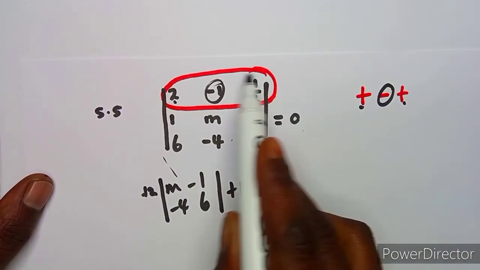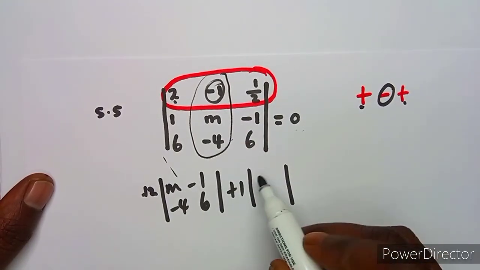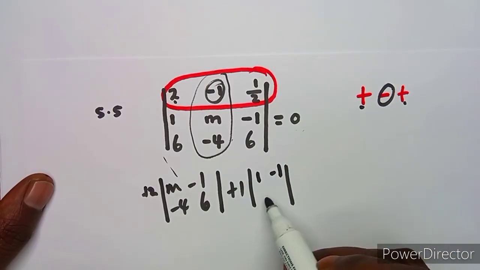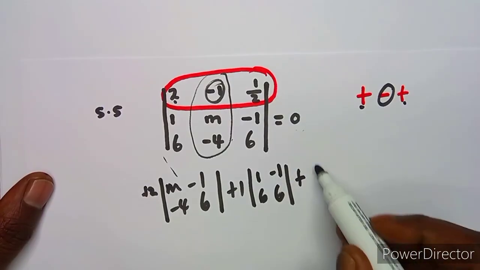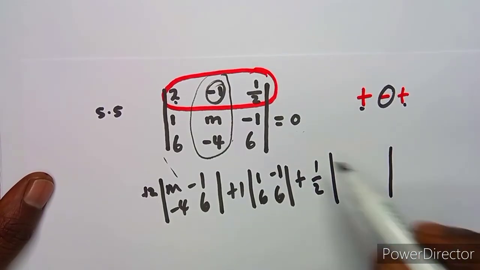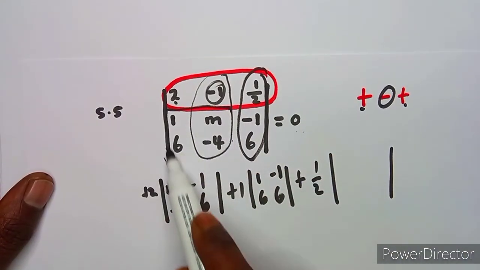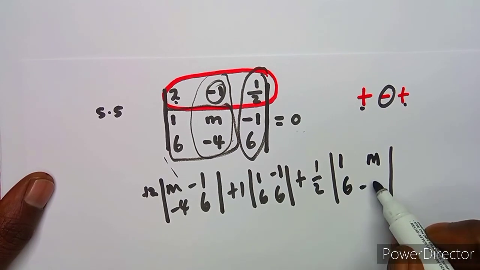Determinant of, the row is already closed, so you just close this column here, and you'll be left with 1, minus 1, 6 and 6. Okay, plus 1 over 2 here. You close the row and the column, so if you close this column, you'll be left with this part here, which is 1, m, 6, minus 4.